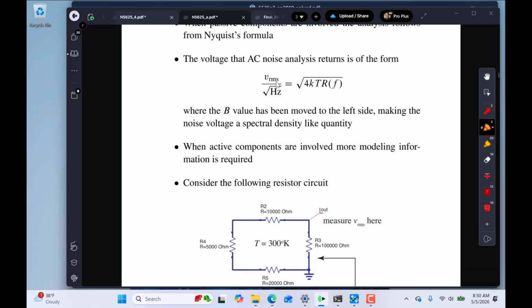And it's going to give you the RMS noise voltage per square root of hertz, because it's assuming that you're going to get the noise power, but you're going to take the square root. So you're going to be left with bandwidth, which normally is sitting on the right side, but you're now going to have the square root of bandwidth on the left side, and you'll have it as a function of frequency then.